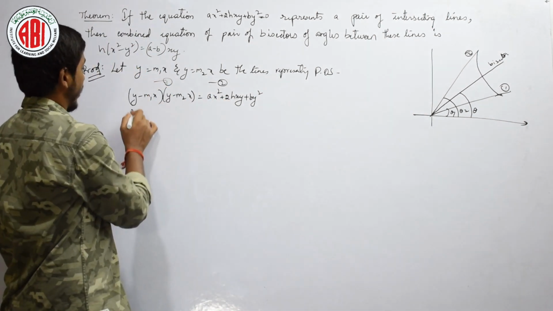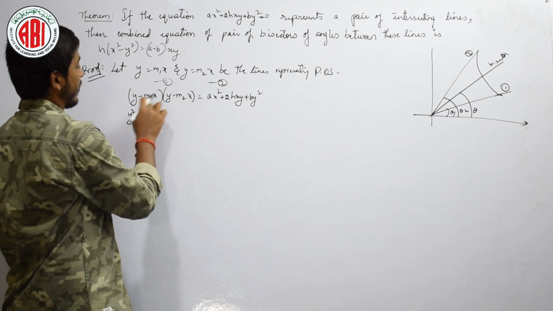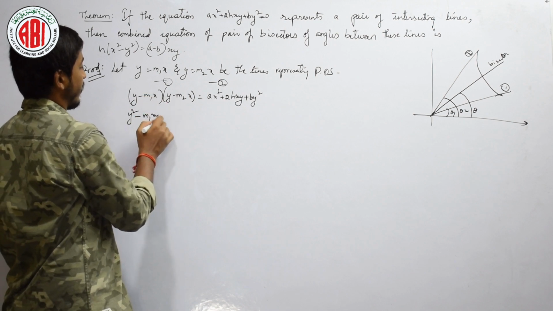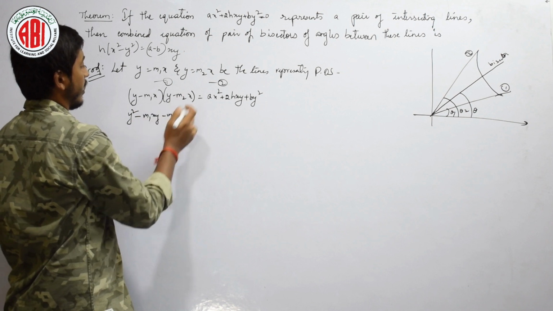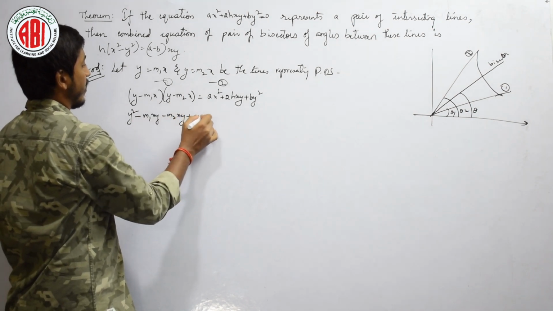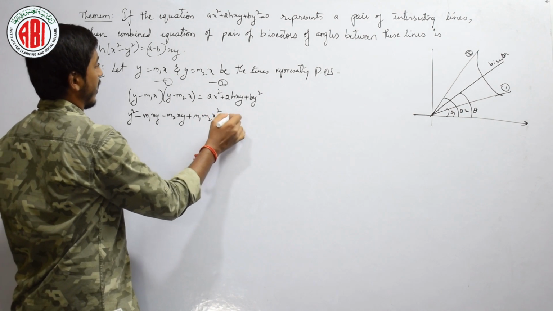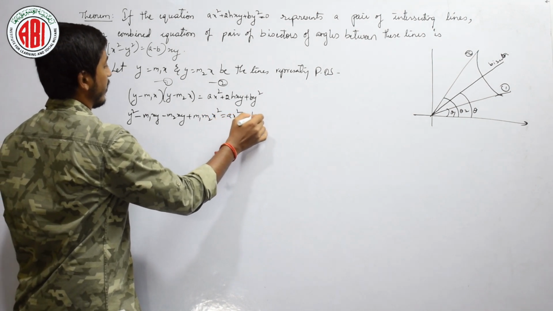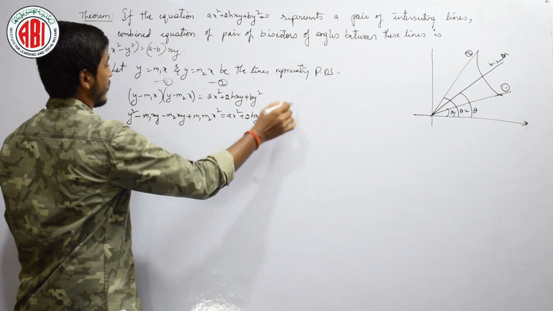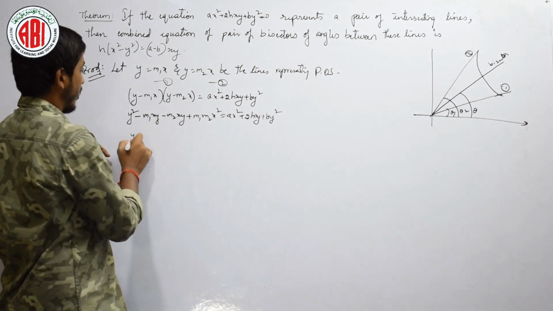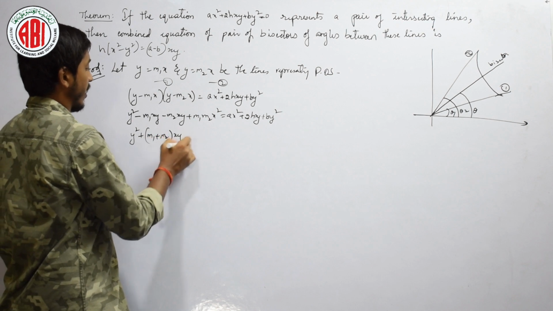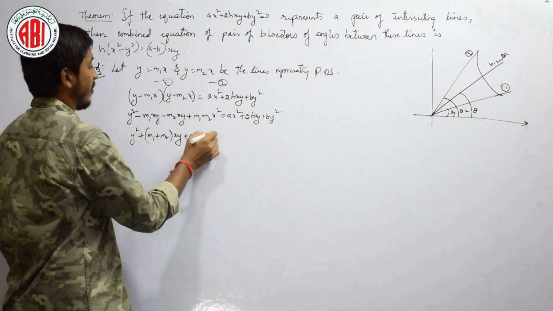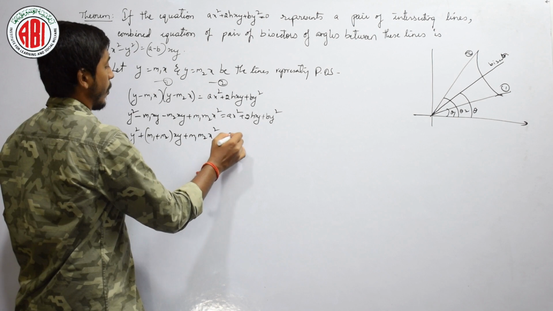y into y is y square, minus m1 xy minus m2 xy, then plus m1 m2 x square, isn't it? That is equal to by square. Let us take common: y square plus m1 plus m2 into xy plus m1 m2 x square.